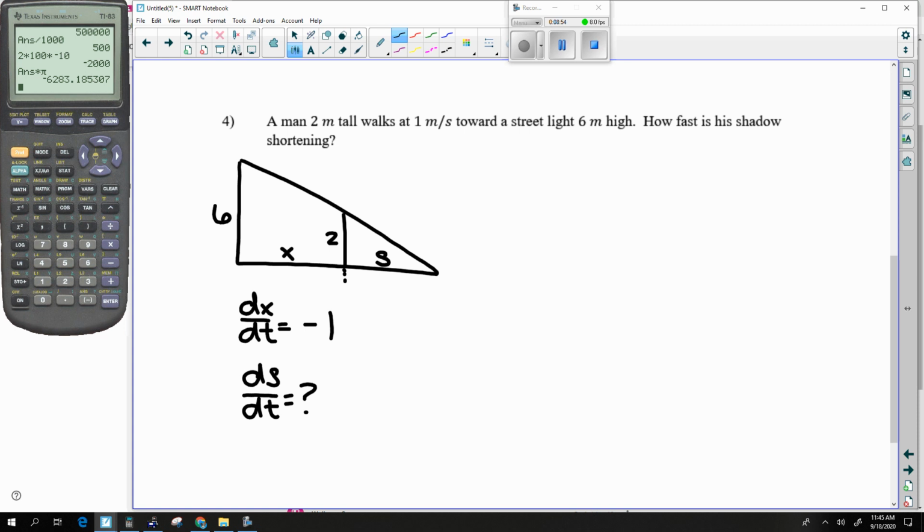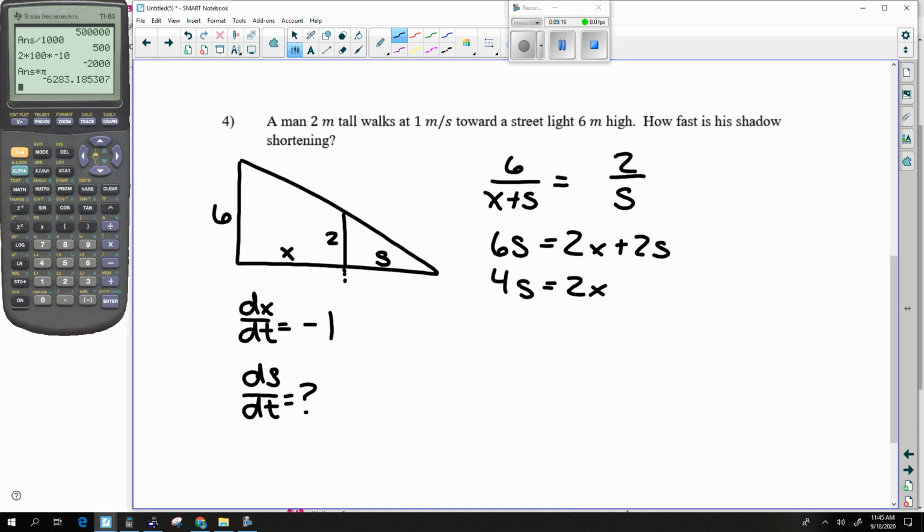Let's go big triangle. S is to x plus s is equal to the little triangle, which is 2 is to x. Cross multiplication, 6s is 2x plus 2s. 4s is equal to 2x. 2s is equal to x.